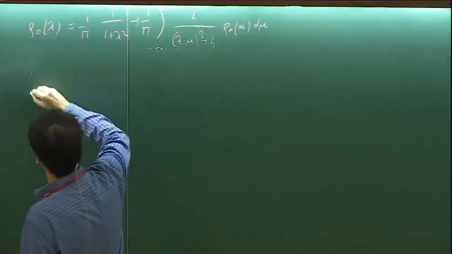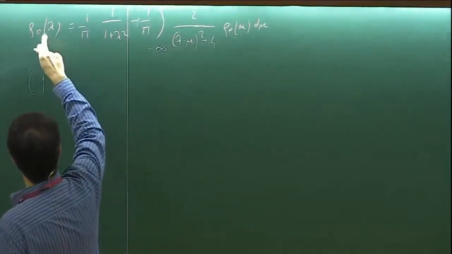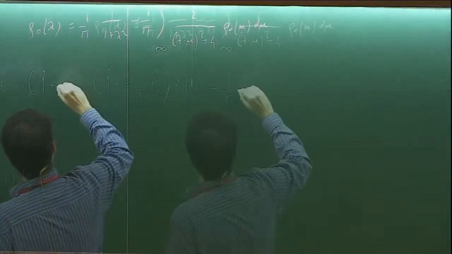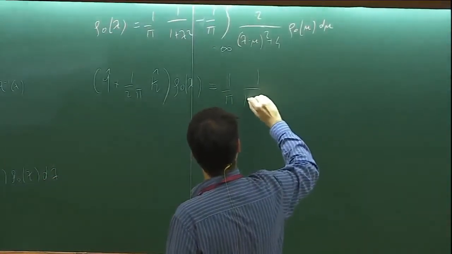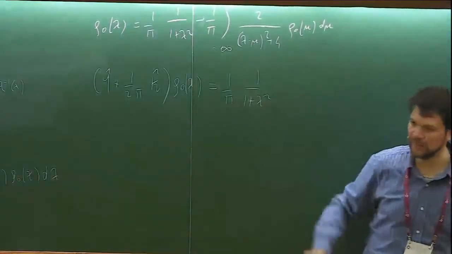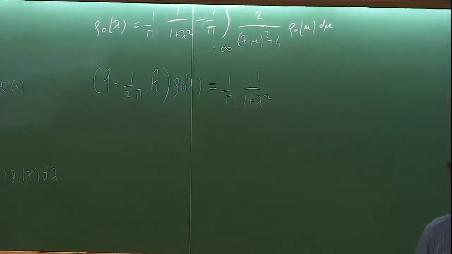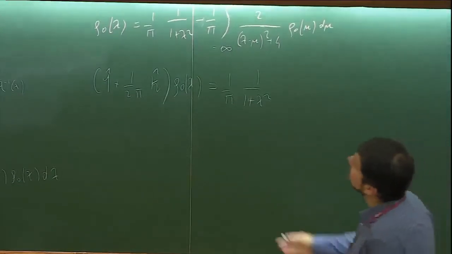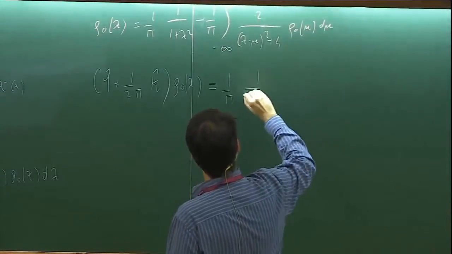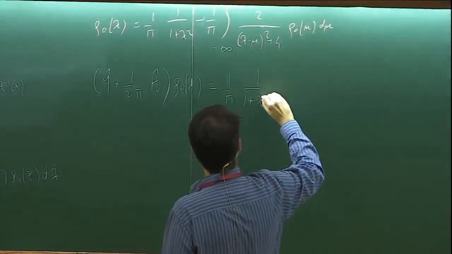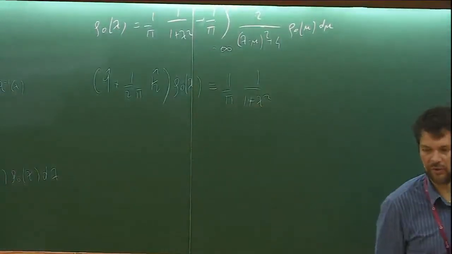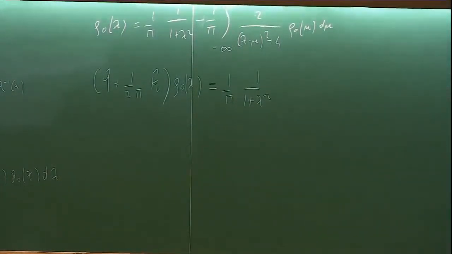So you typically write it as the identity, plus 1 over 2 pi, which is typical, times a linear operator acting on this function with rapidity lambda, with a source term, which in this case is given by this bare wave function.